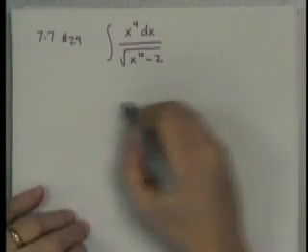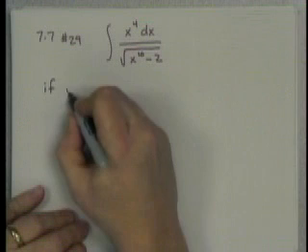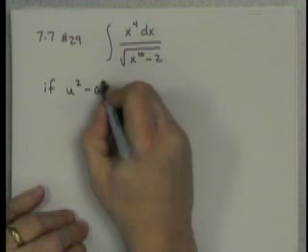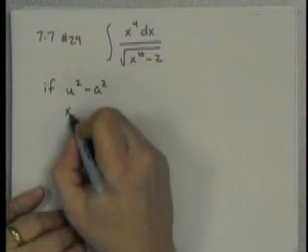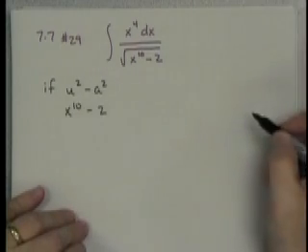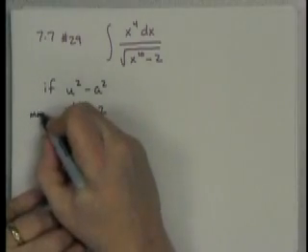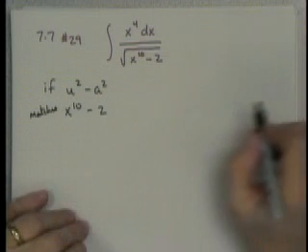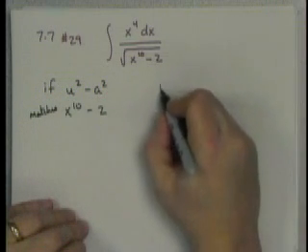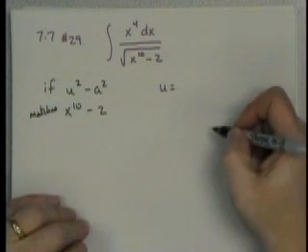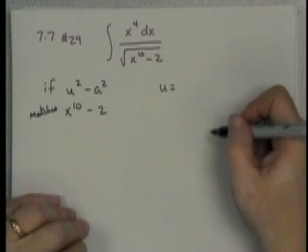So if u squared minus a squared is supposed to match x to the 10th minus 2, then u would be what? What do you think, brother?